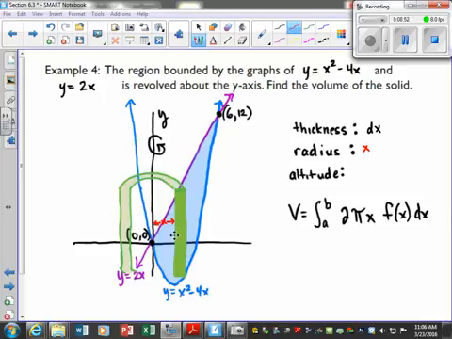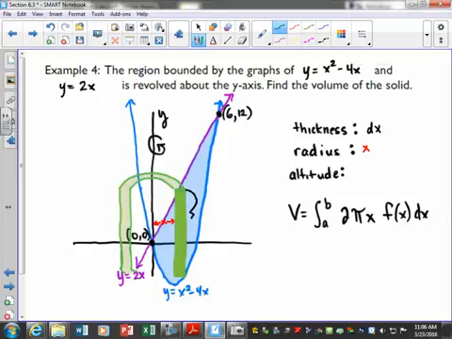Now the altitude, what about altitude here? It's a little bit different because from here to here, let's let that be y1. Okay, what would the height of that be represented by? This purple graph, which is which function? y equals 2x? Good.